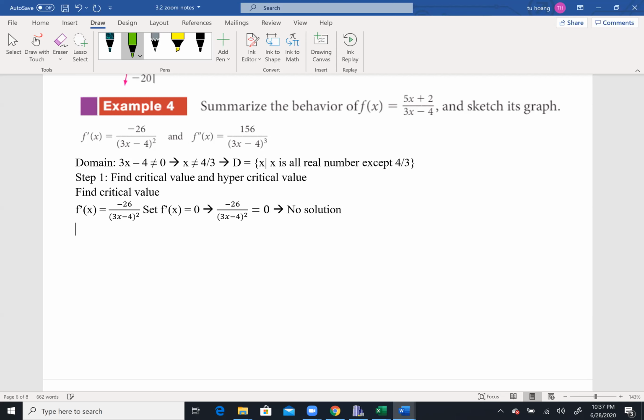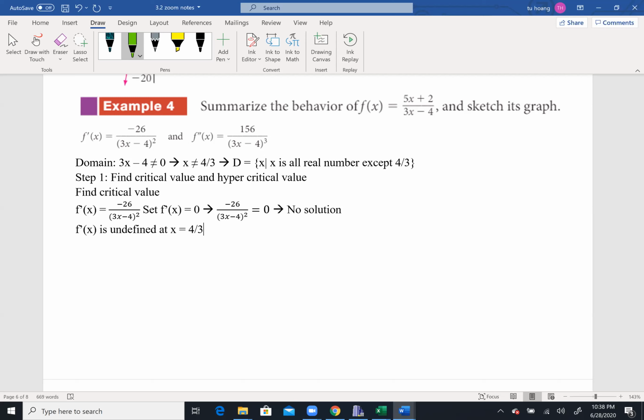And now we consider the bottom, if it is undefined. You need to know that f'(x) is undefined at x equal to 4/3.